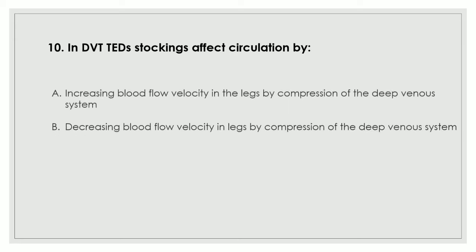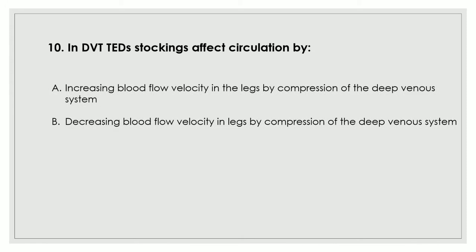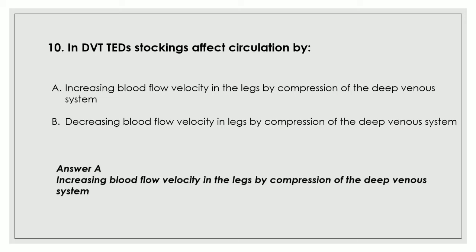In DVT, TED stocking affects circulation by. Options: A. Increasing blood flow velocity in the legs by compression of deep venous system, B. Decreasing blood flow velocity in legs by compression of the deep venous system. Answer A. Increasing blood flow velocity in the legs by compression of the deep venous system.